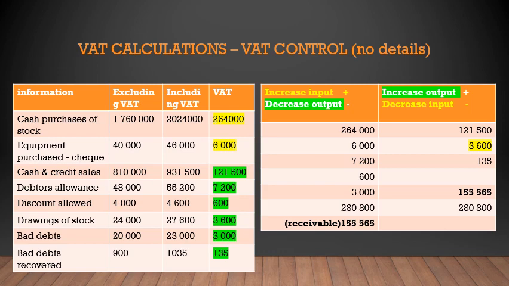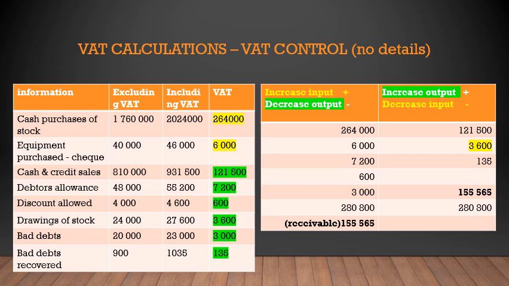Cash purchases of stock. We do not have an opening balance, but every time remember the opening balance, whether it is an output or input. Cash purchases of stock means we paid VAT 264. Input is increasing, so the 264 I record on the debit. Equipment purchased by check, the VAT amount is 6,000.